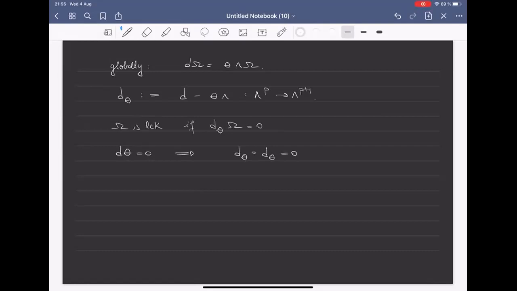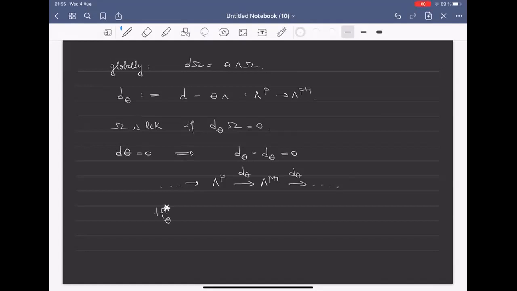So if we look at this complex, that is the de Rham complex, but modified with d theta, so twisted with this d theta. This is first of all a complex because d theta squared equals 0, but this means it has a cohomology, so we can define some cohomology groups associated to this operator, and these are usually denoted by H theta.